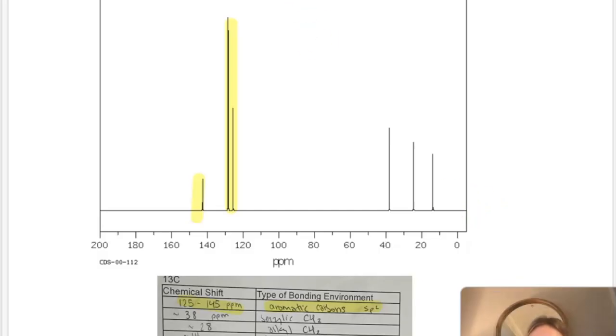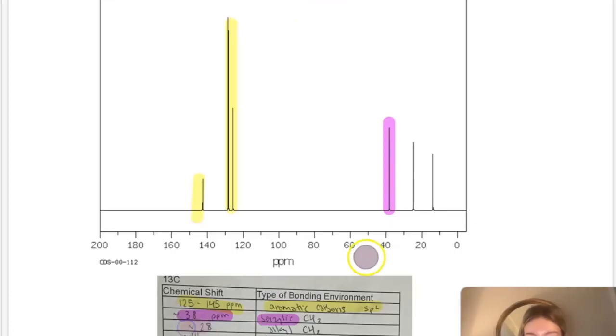And then over here we have these 3 other carbons. And so these are all in the range of normal sp3 hybridized carbons. So if we follow along with the idea of having a 3 carbon chain at the end of it, well, we have 3 carbons here. So this one could be the benzylic CH2 coming right off of the benzene ring.